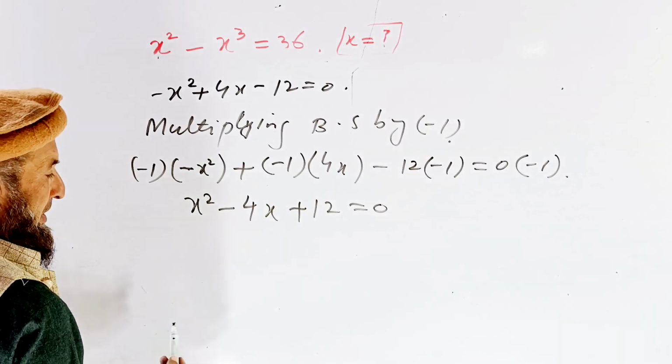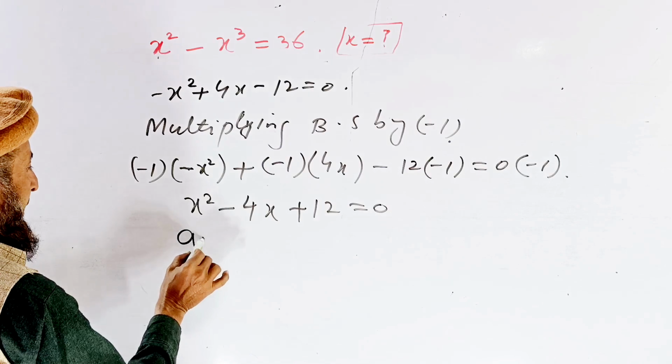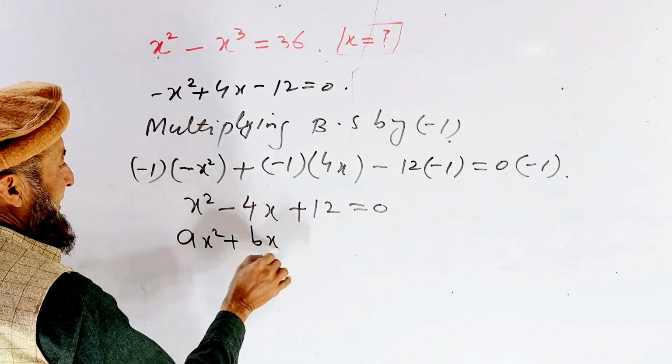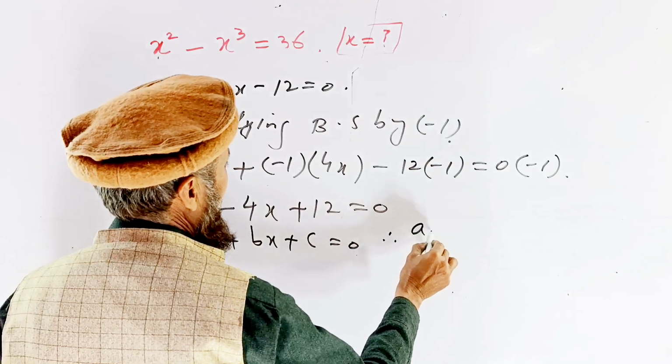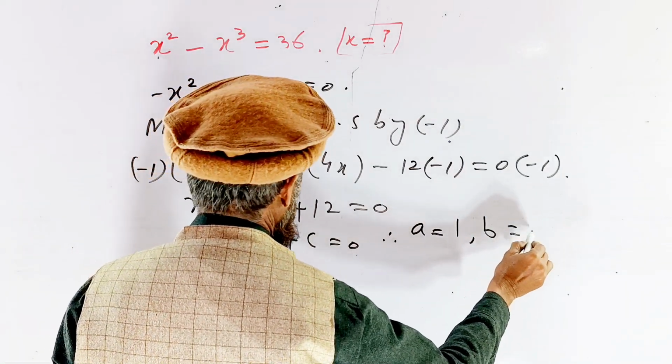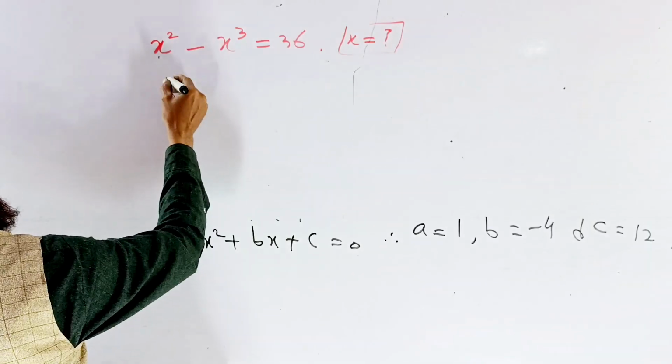So there are three possibilities. So look here. Now we are comparing with ax square plus bx plus c is equal to 0. Here a is equal to 1 and b is equal to minus 4 and c is equal to 12.